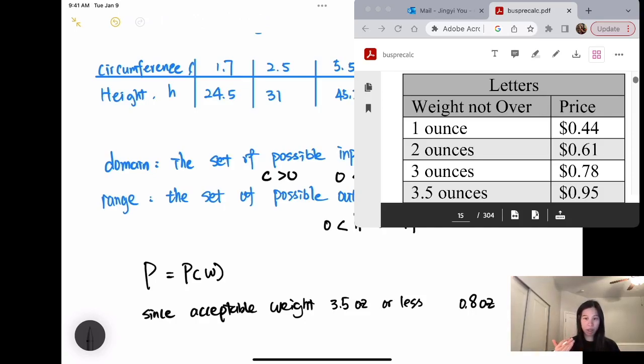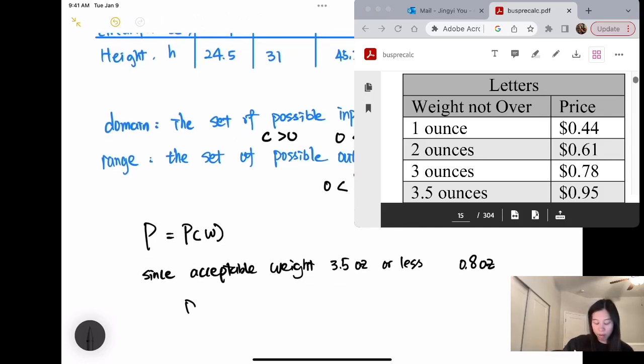Even though it's less than 1 ounce, they will still accept it as a letter. So the domain would be what? Again, you can't mail something that weighs less than 0, which is negative. So the domain of the weight should be 0 ounces to 3.5 ounces, right?